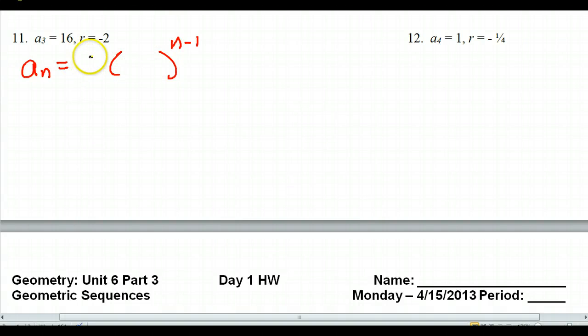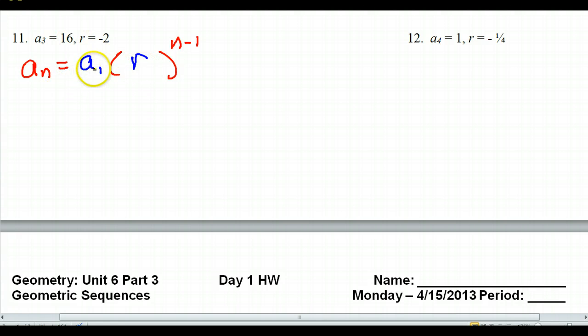We need the first term, which is called A1, and we need the common ratio, which is called R. Now, for these two problems I'm going to be doing now, I'm going to give you the common ratio, and I'm going to give you one random term in the sequence. And from that, you should be able to figure out what the rule is.